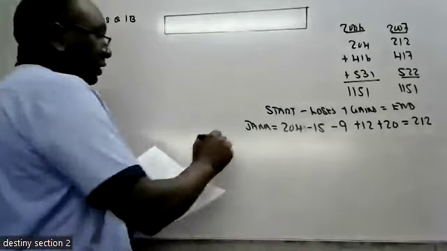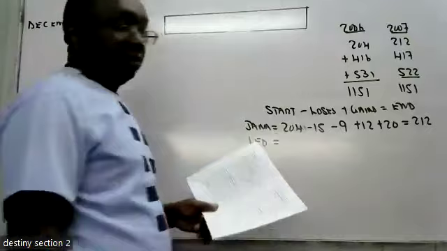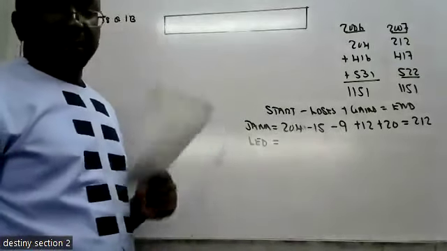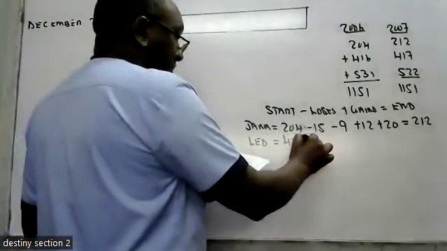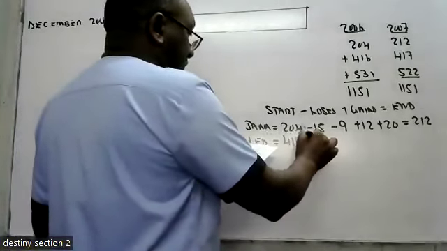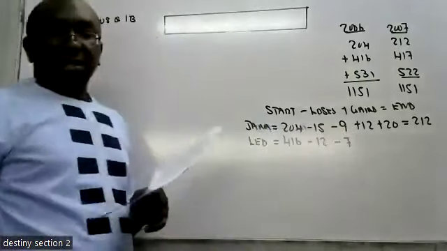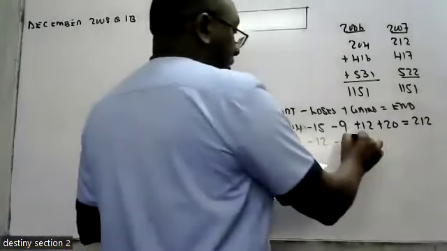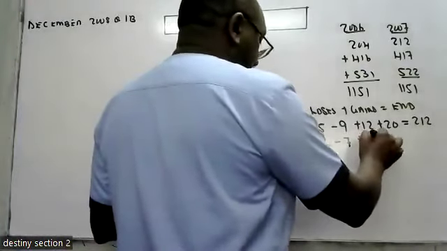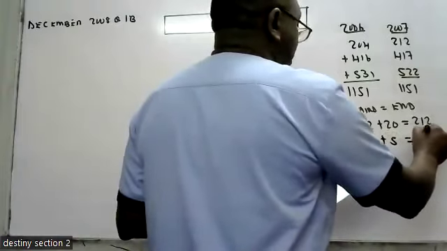If you come and do the same thing with Leo, you will say they began the year with 416. They lost 12, they lost 7. But if you go to their column, they gained 15, they gained 5. This should give you 417.